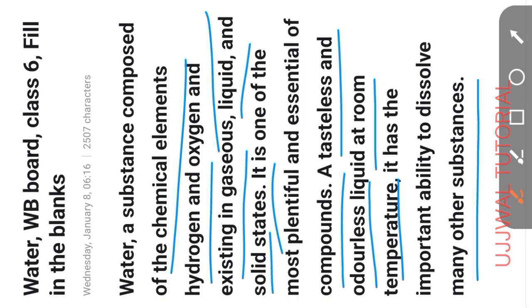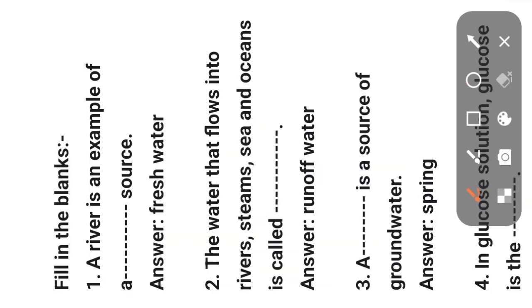Now we discuss the fill in the blanks. Question number 1. A river is an example of a dash source. The answer is fresh water. Next question, question number 2.